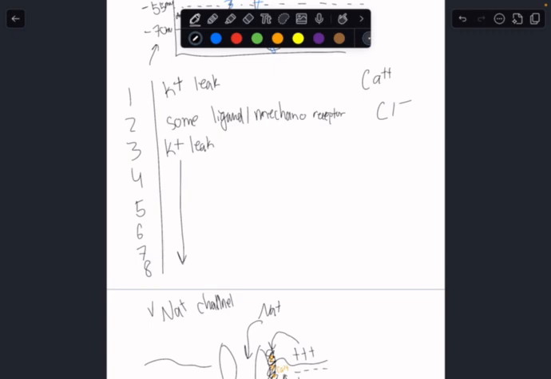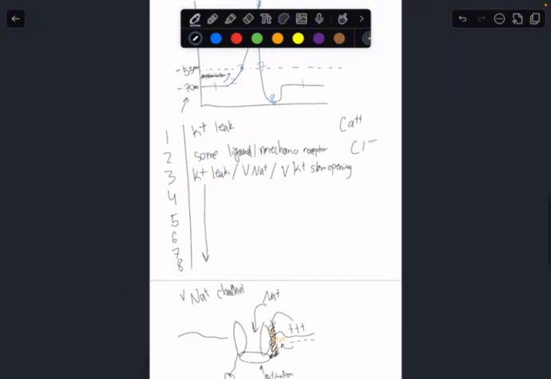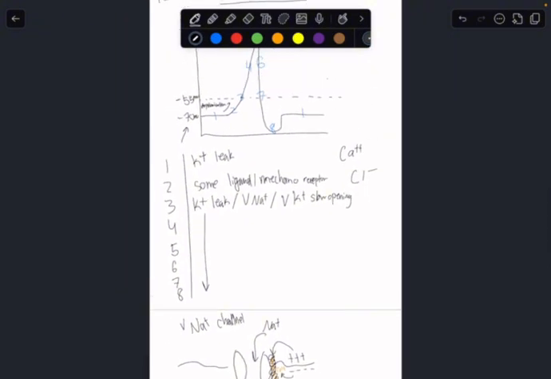But then we have, in addition, our voltage-gated sodium channel. And then we also have a voltage-gated potassium channel, slow opening. That starts to open as well, but it's not really having much of an effect at this point.